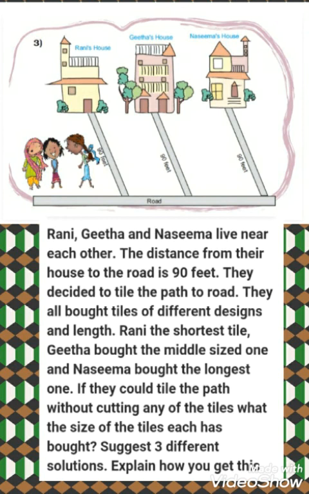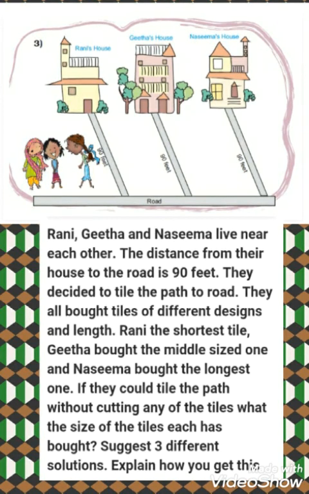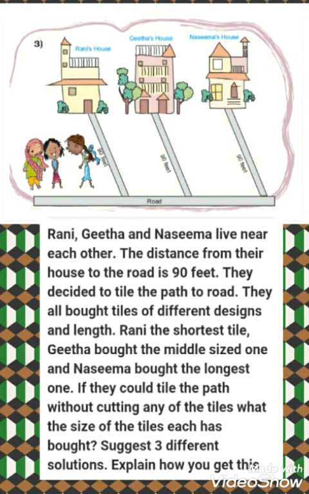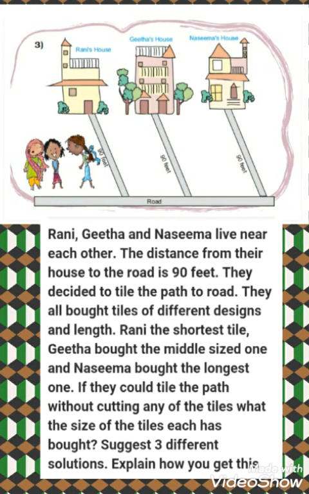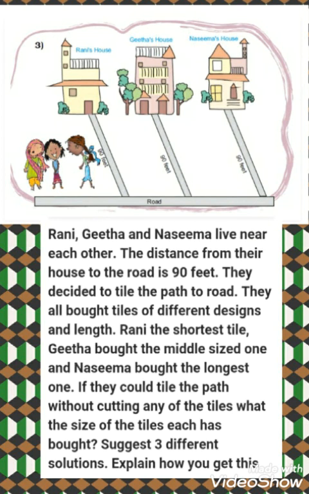Here we have to tile the path so that all of it is tiled properly, but there is a condition. Rani has bought the shortest tile, Geeta has bought the medium size and Nasima has bought the longest tile. Now we have to suggest at least 3 different solutions to it.